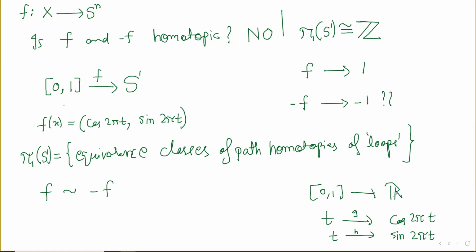Homotopic to minus g and minus h. Yes, that is true, but that was not going to be very helpful because this is always true, right? Because any two maps from [0, 1] to R are homotopic because R is contractible, meaning you can just take a straight line kind of homotopy.